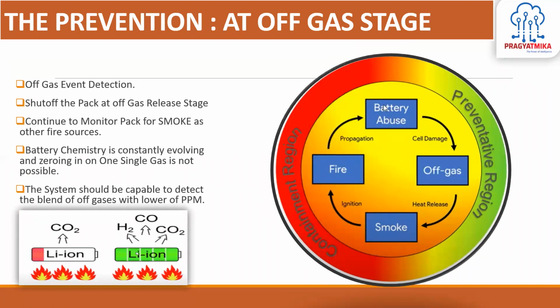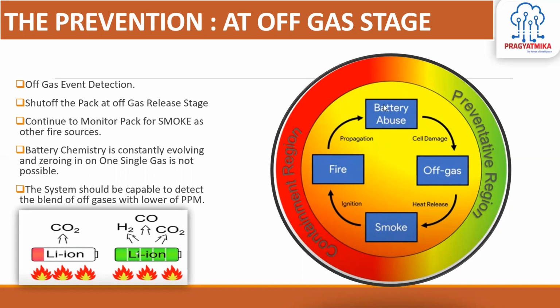You must have been encountering that there are lots of IoT solutions which keep taking care of the temperature of your battery pack. Maybe cell level temperature monitoring is also being done. Thereafter, active thermal management methods are used, so they also have the temperature measurement system. So all of these things are being implemented.